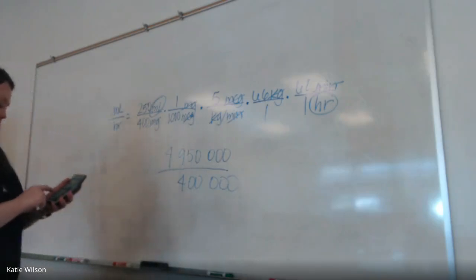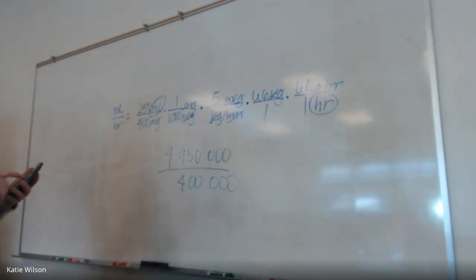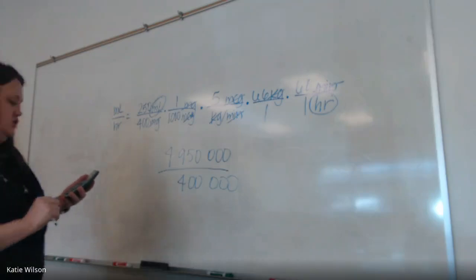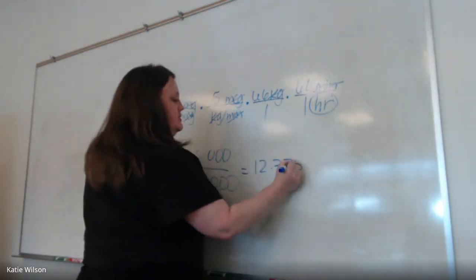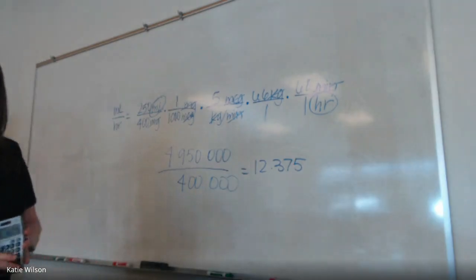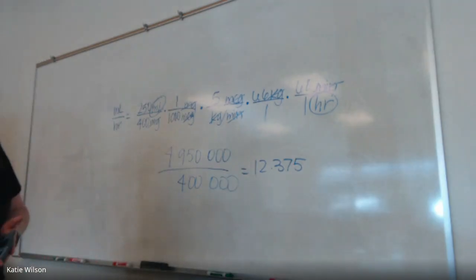Okay. So top divided by the bottom, 12.375. What are we supposed to round it to? The nearest tenth, which is?